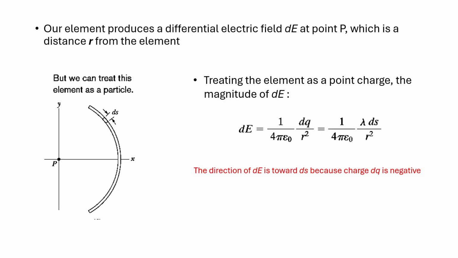Each arc length will produce an electric field. Because the charge is negative dq, the field points toward the rod. We have a distribution of charge, so we have two electric field components.